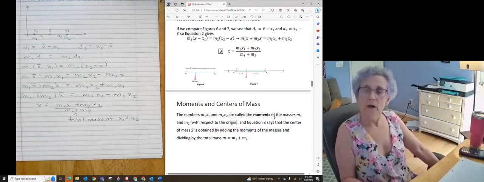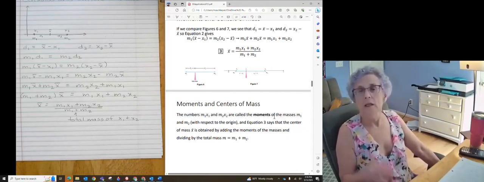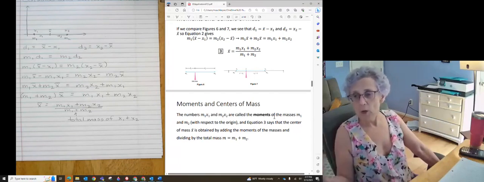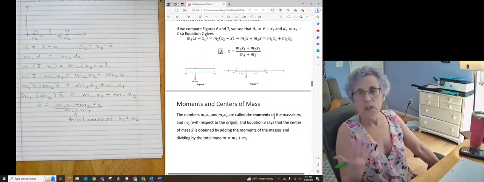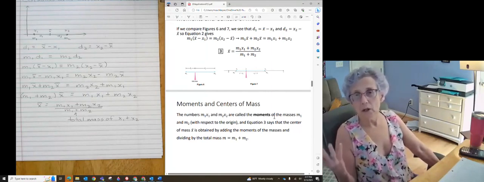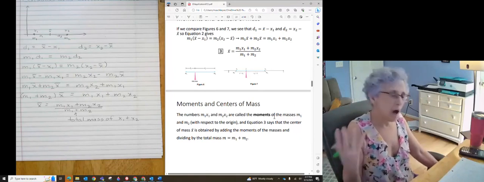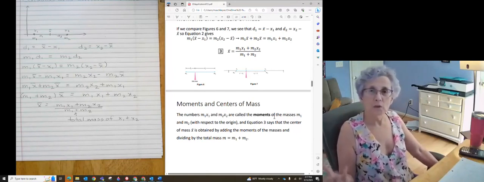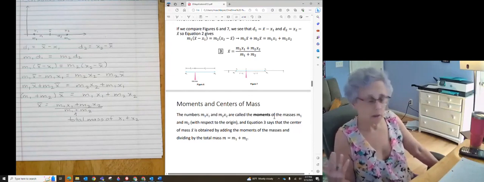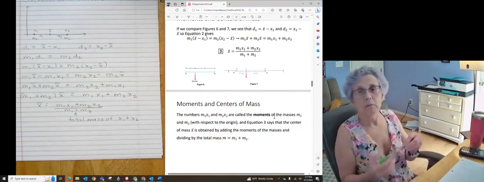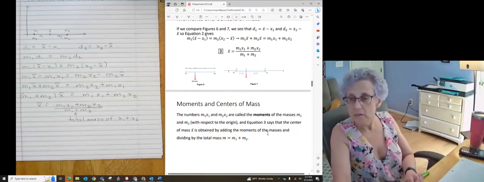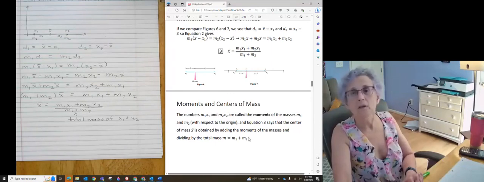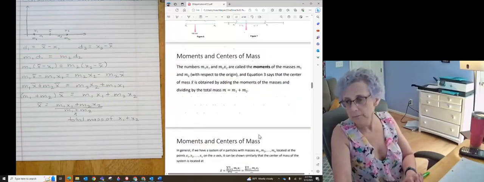The center of mass, x bar, is obtained by adding the moments of the masses and dividing by the total mass. The moments are just a measure of how much the object wants to spin around the origin, how much it wants to be off balance.